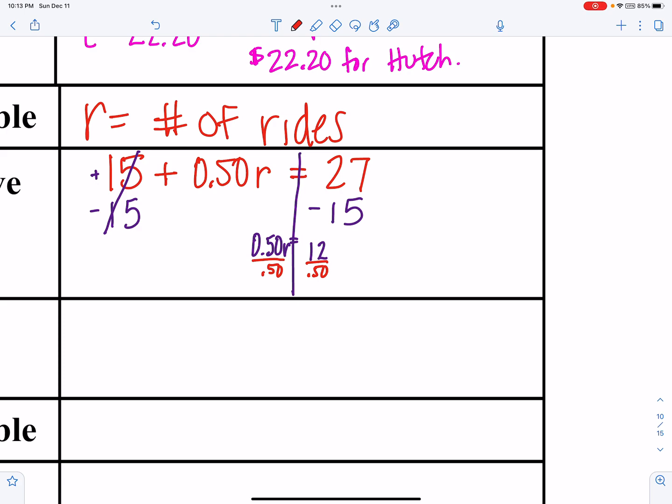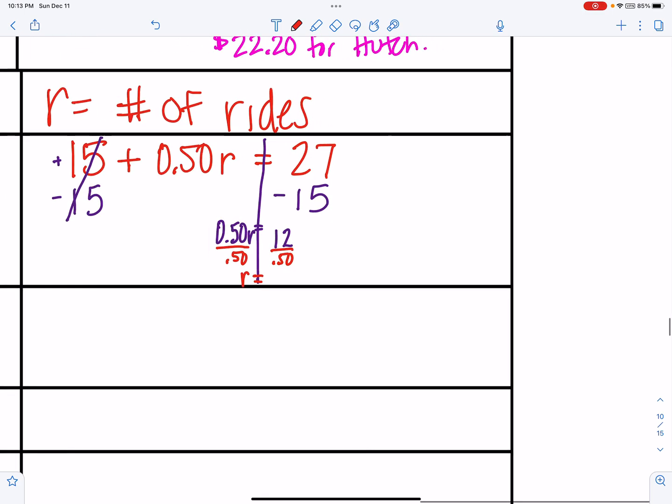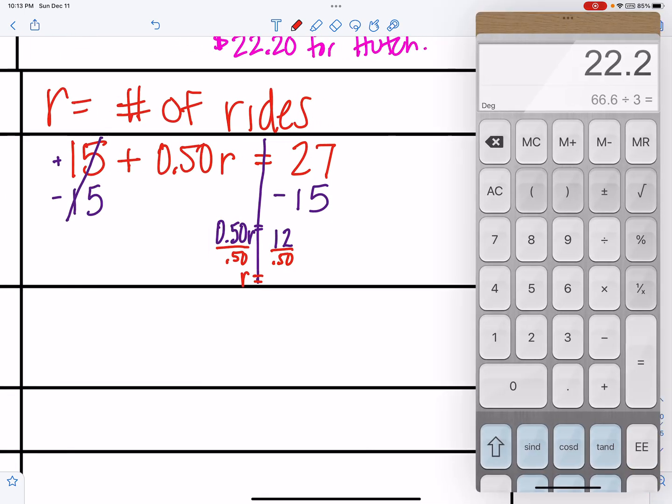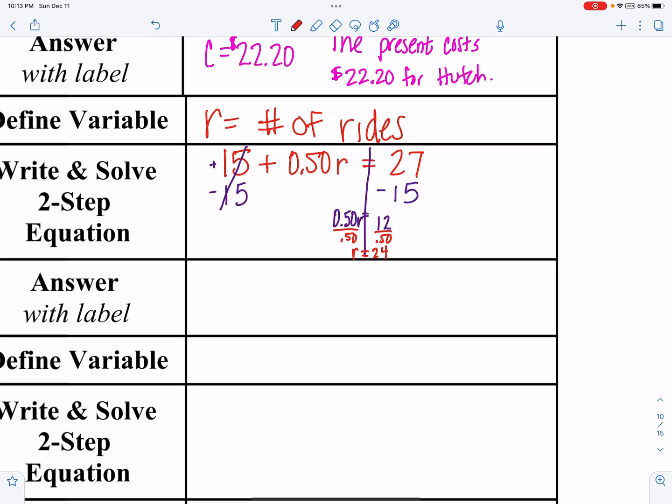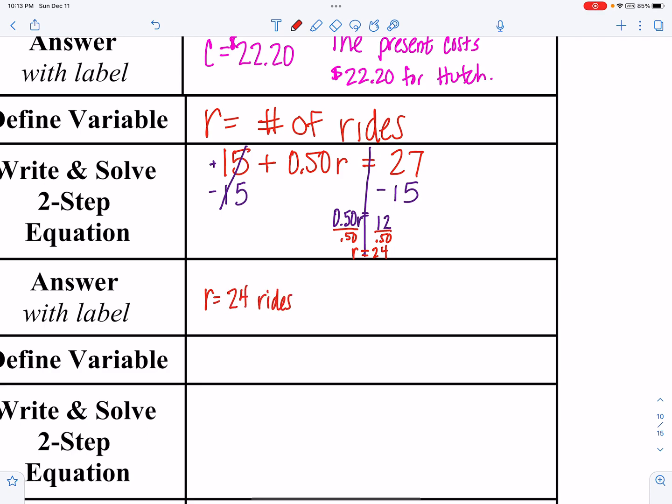R equals 12 divided by 0.5, which gives us 24. So R equals 24 rides.